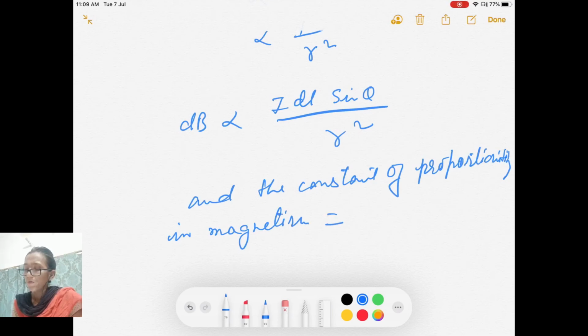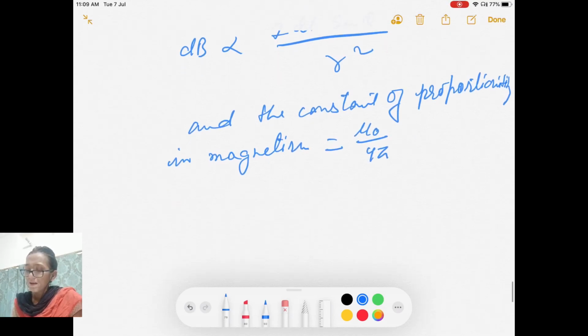mu naught upon 4 pi. Here mu naught is called permeability of free space.